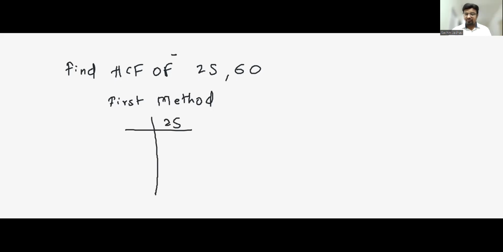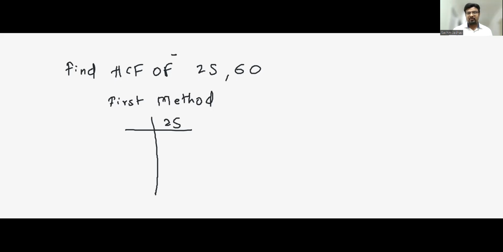So now here, the first prime number is 2, but this 25 is not divisible by 2. So we will not take 2 here. Then what will we take? The next prime number after 2 is 3, but 25 is not divisible by 3.